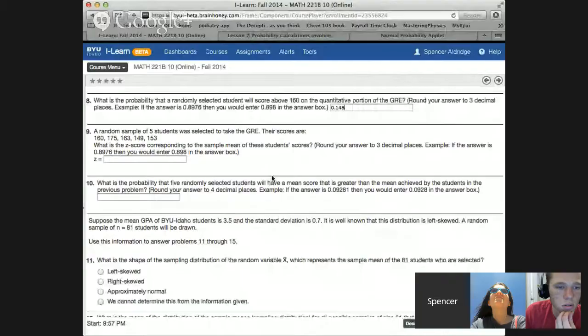So next one, a random sample of 5 students was selected to take the GRE. Their scores are listed. What does the z-score correspond to for the sample mean of these students' scores? Okay.